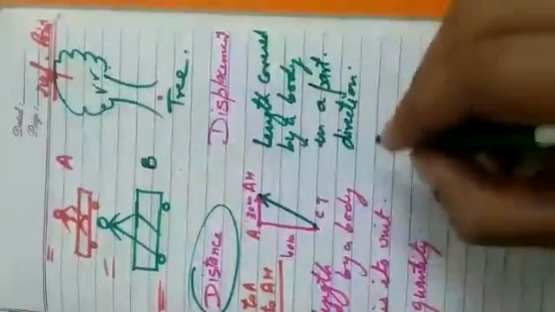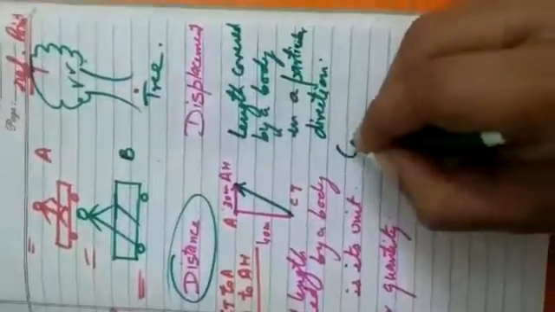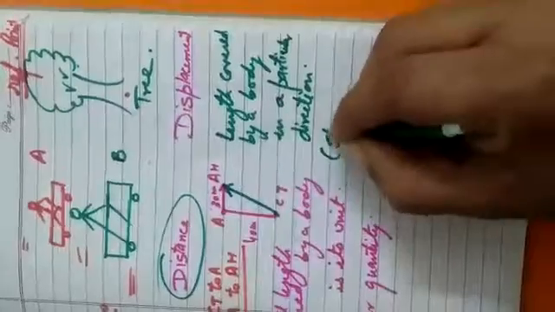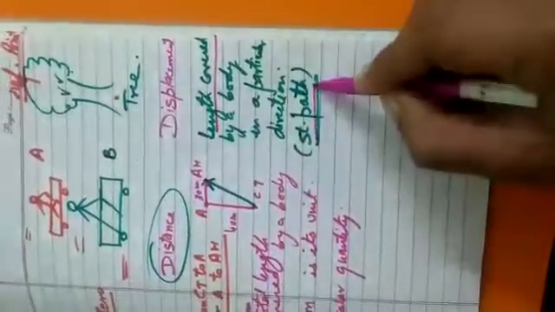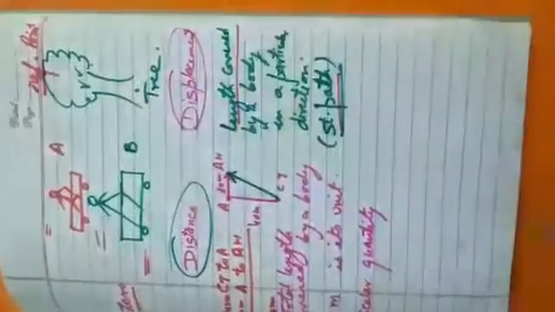Particular direction means the direction should be a straight path. When the length is covered by a body in a straight path, that is called displacement.